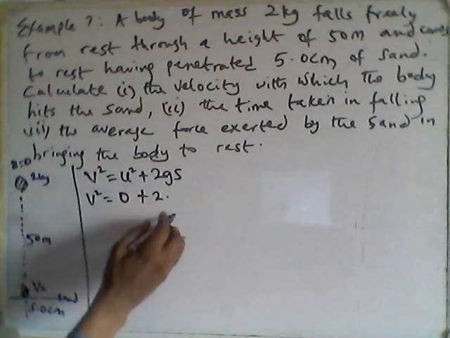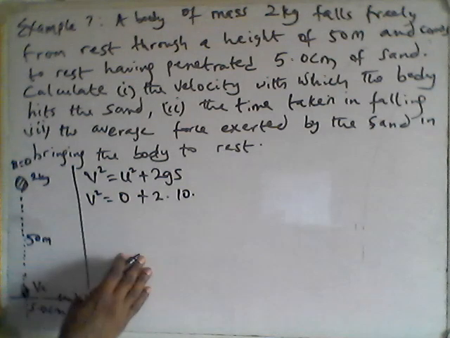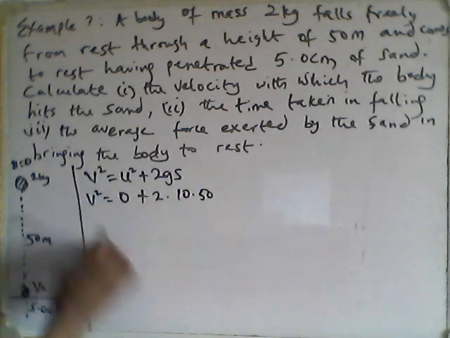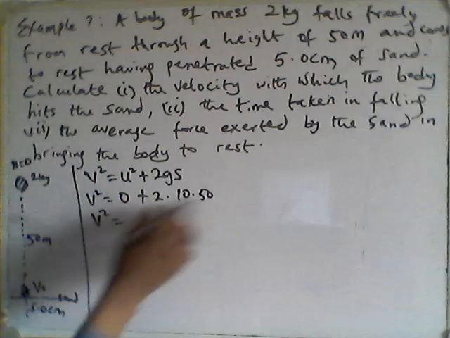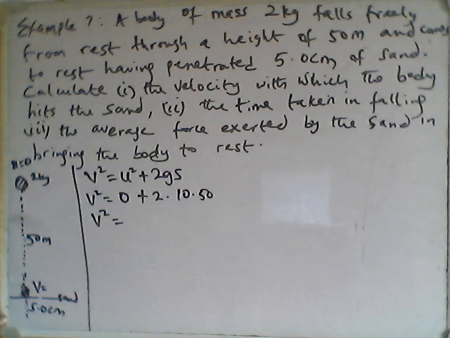Plus 2 times 10, let's use gravity as 10, times distance, which is 50 in meters. So V squared is equal to 2 times 10 is 20, 20 times 50 is 1,000.